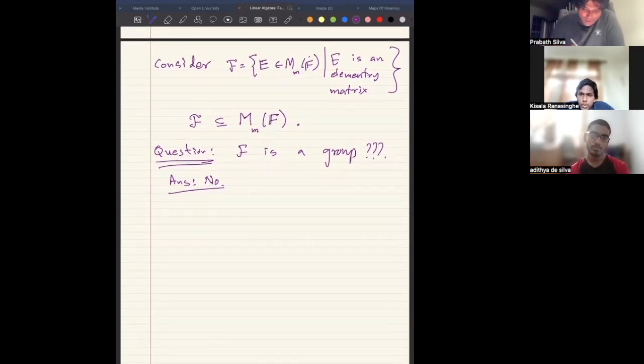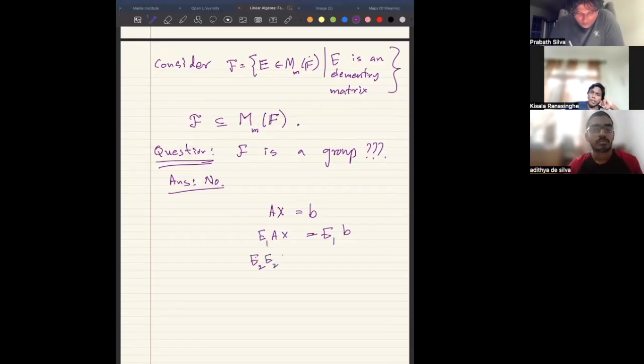So we start with this system, and then you multiply with some elementary matrix. Okay. And then you multiply with another elementary matrix.